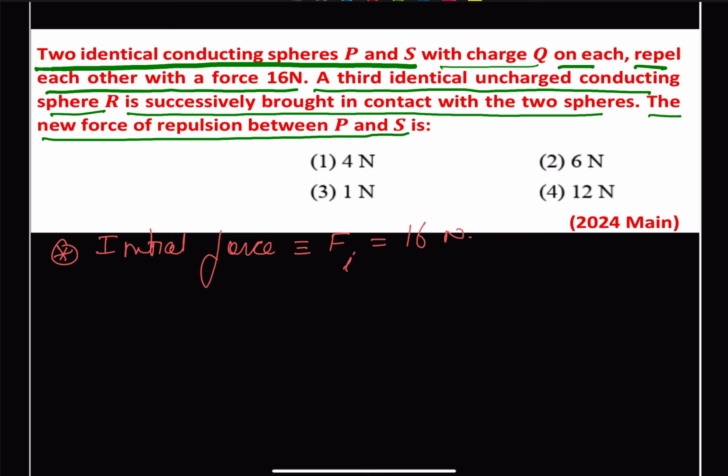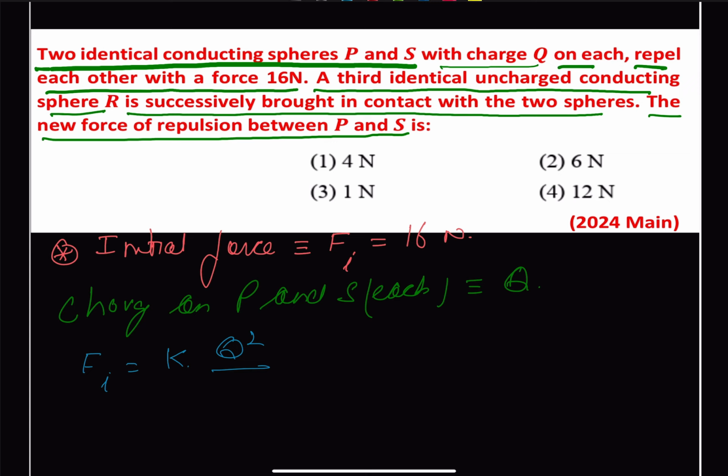And if we assume that the charge on P and S each is, let us suppose, Q, so we can say force Fi will be equal to K Q square upon R square, which will be equal to 16.